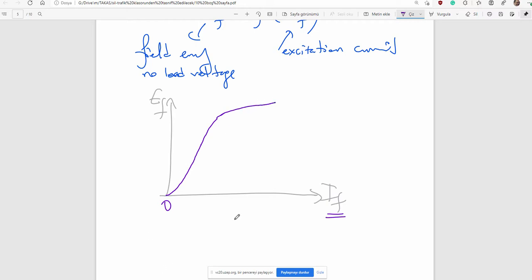During that experiment, I made no change in the direction of the field current.